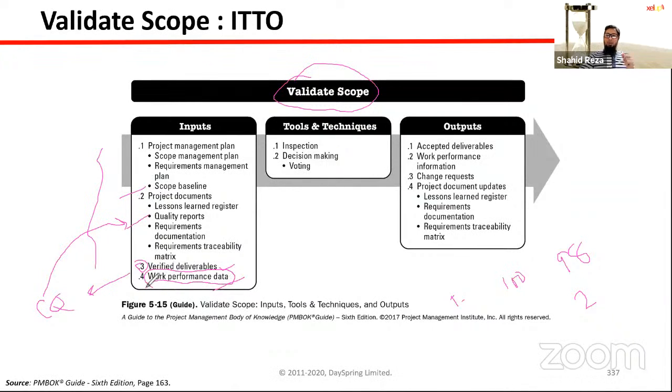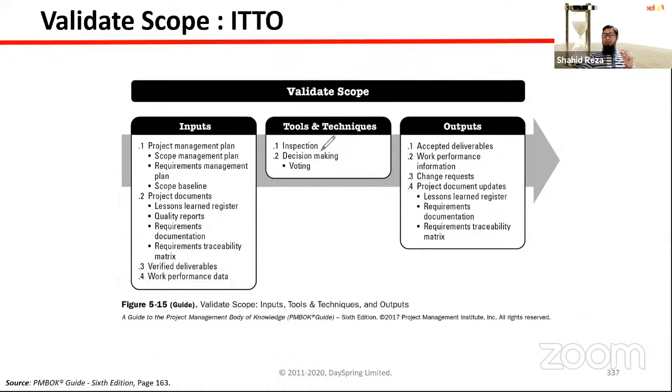Please remember, whenever you see work performance data as input, you will get work performance information in the output. All right. So what is the main tool here? Only one tool is the main tool, that is inspection. That means the customer will inspect. This is a generic term.